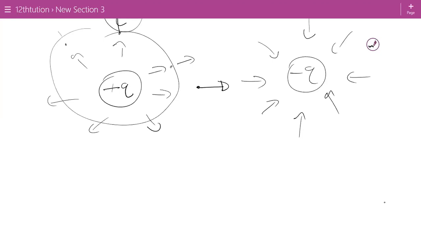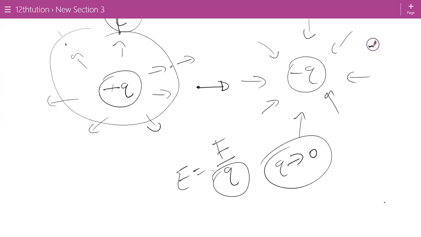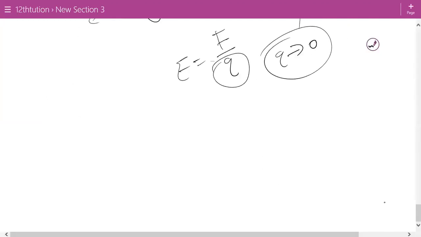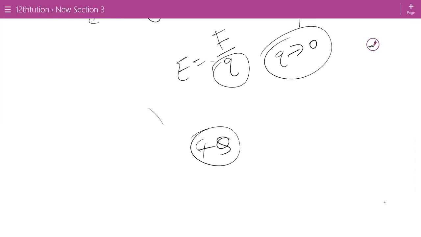And there is one more thing. When we write E is equal to F by Q, this Q charge is very small. This Q tends to 0, you can say. It is a very small charge because it is just a test charge. There is a capital Q charge put here and it has some electric field, and we want to test this electric field.